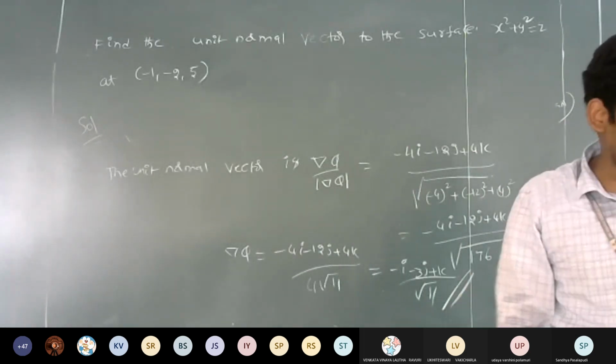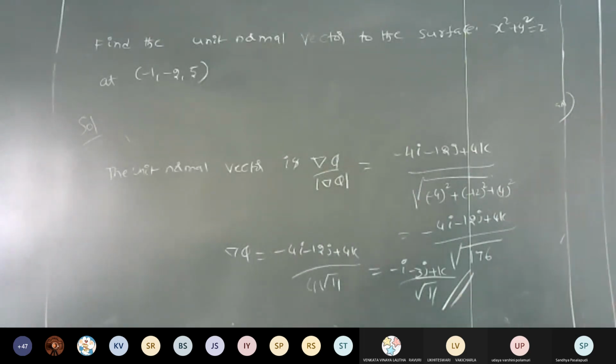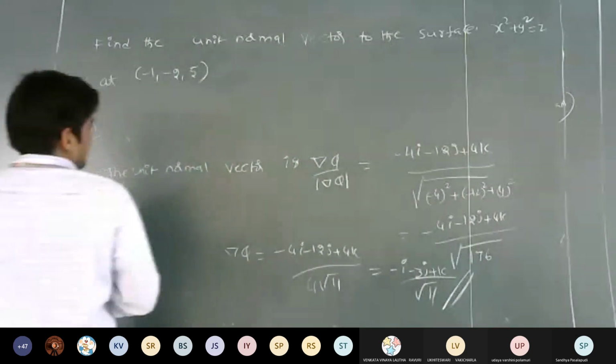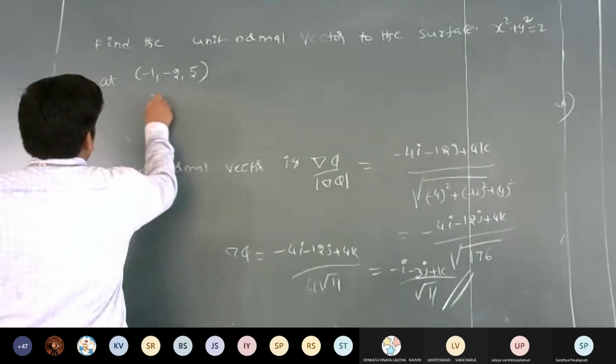So here we are going to calculate the unit normal vector to the given surface, that is x square plus y square equal to z, at the point minus 1 comma minus 2 comma 5. Right? So write it.